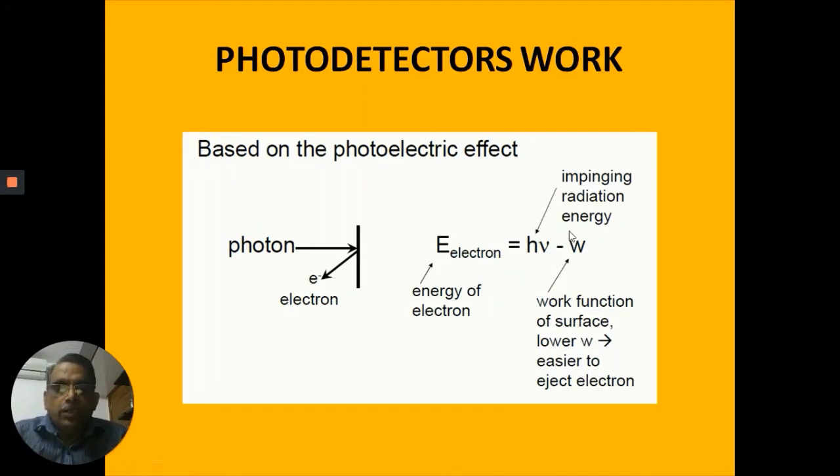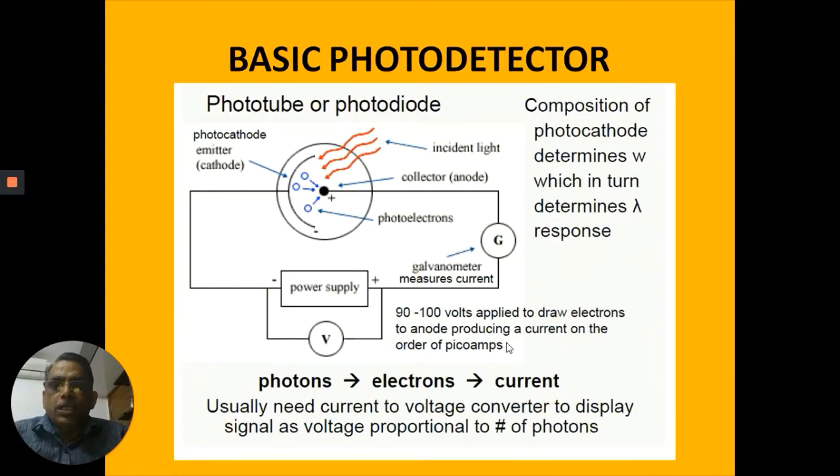The excess energy that you are giving acts as a work function for the ejection of the electron. This electron is used to measure the current, so photon to electron, electron to current, and then you should have a converter, current to voltage, displaying the signal as a voltage proportional to the number of photons. So this is very important.